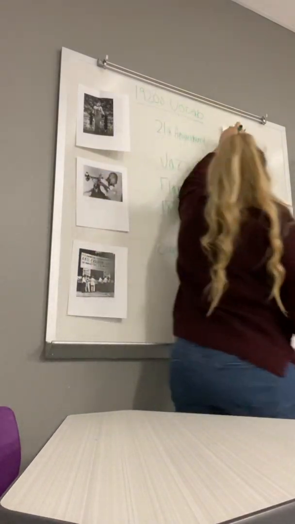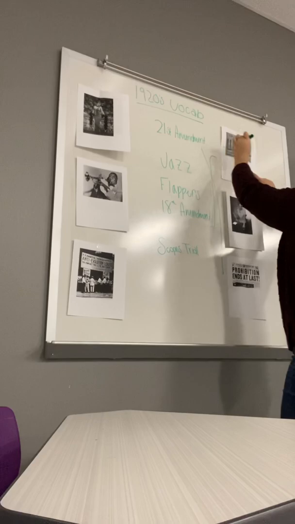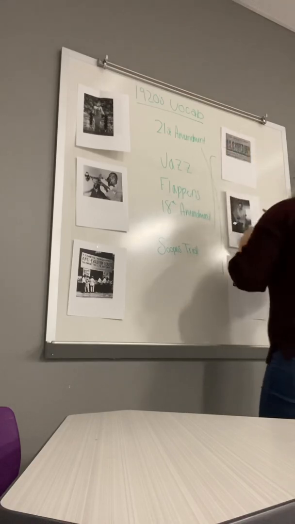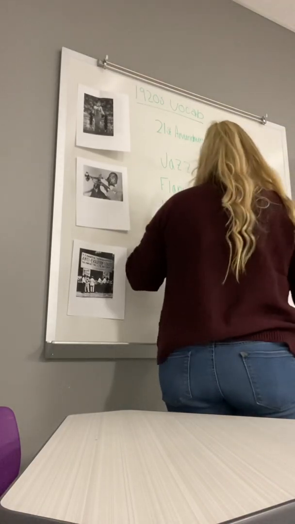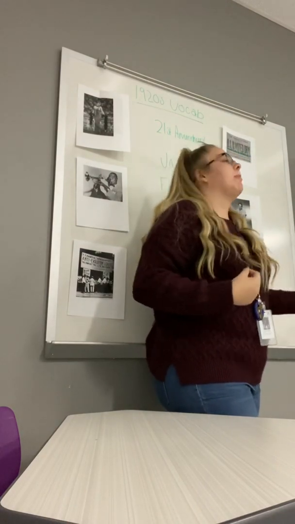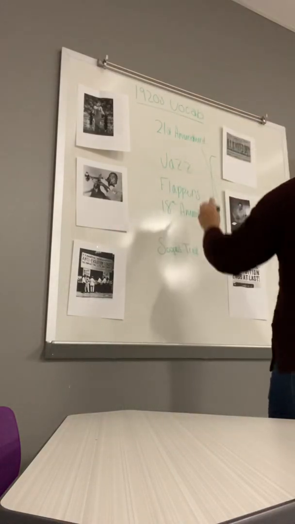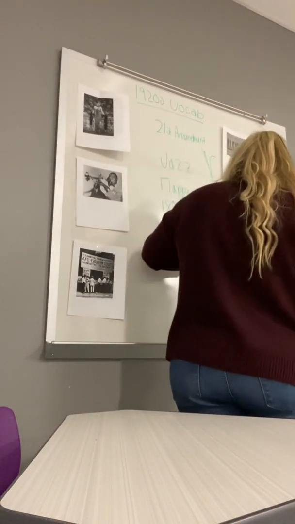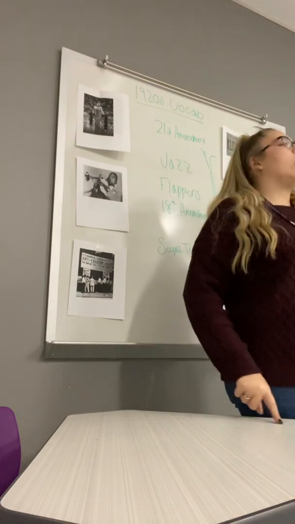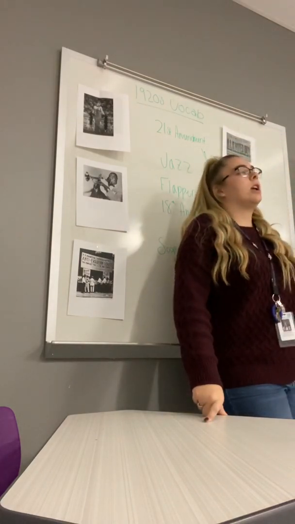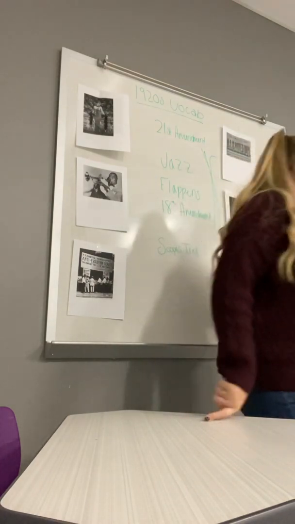So it says U.S. was voted dry, which means no more alcohol. So 18th, you can't buy alcohol when you're 18. Then they brought it back, and when they could sell it again, that was the 21st Amendment. So remember, when you turn 21, that's when you can go and buy and consume alcohol legally.